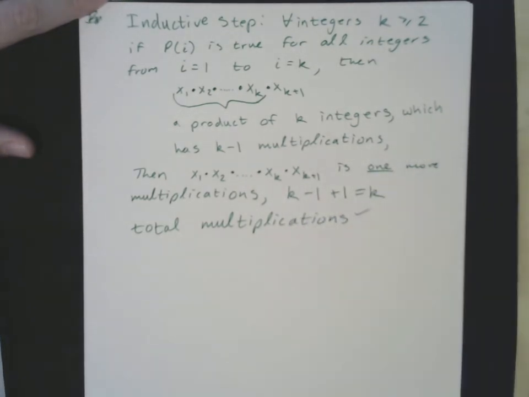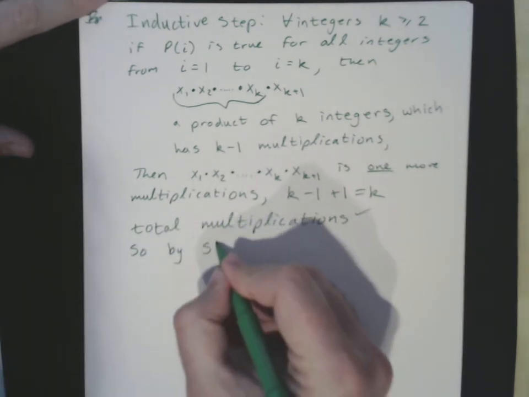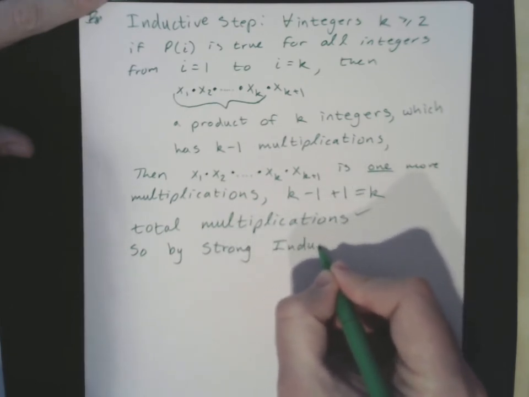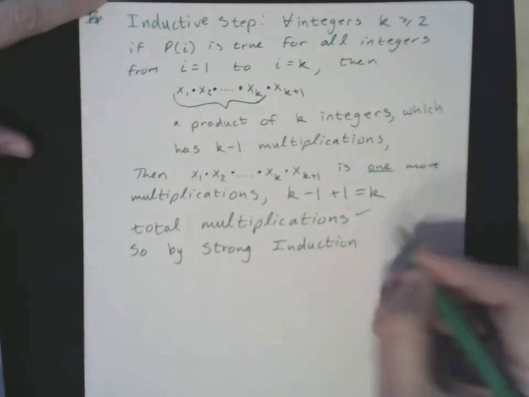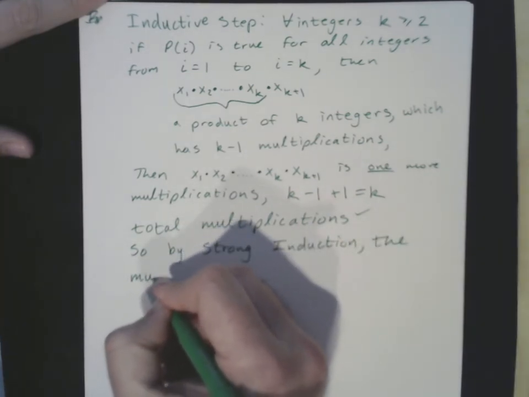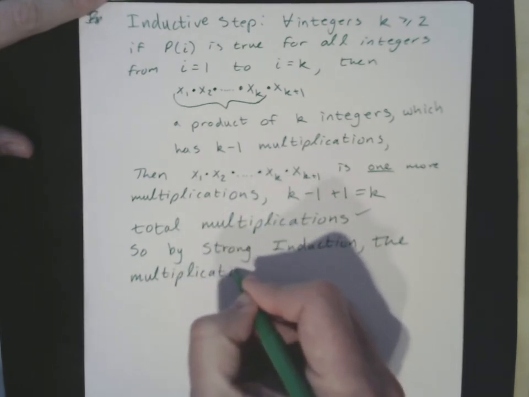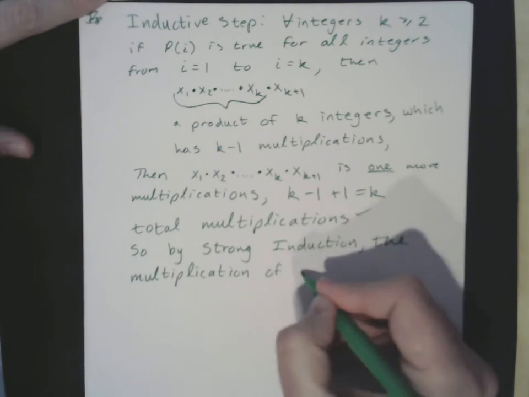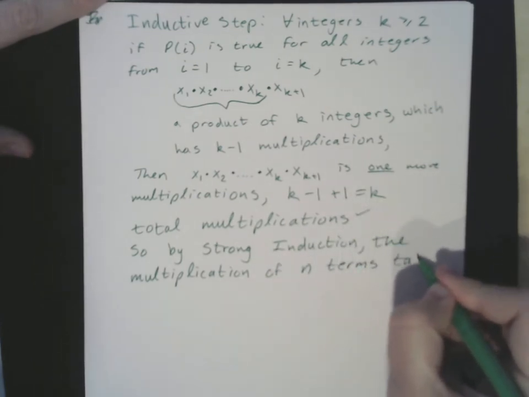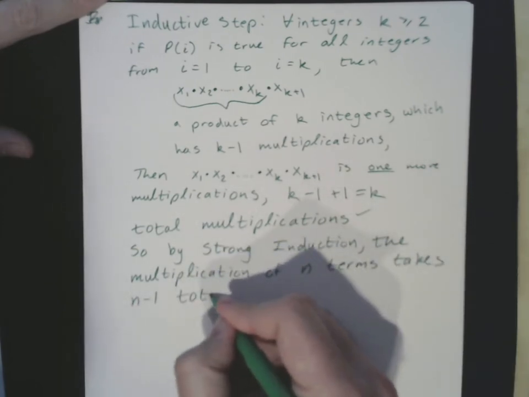Which is what we wanted. So by strong induction, the multiplication of n terms takes n minus 1 total multiplications.